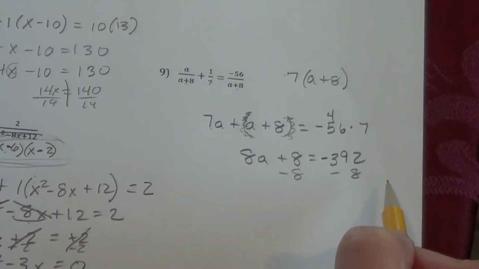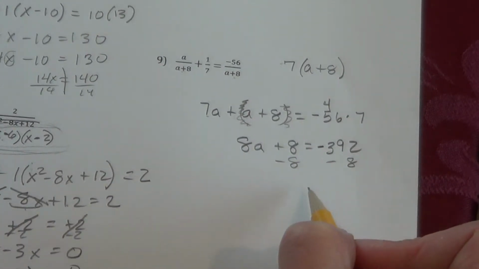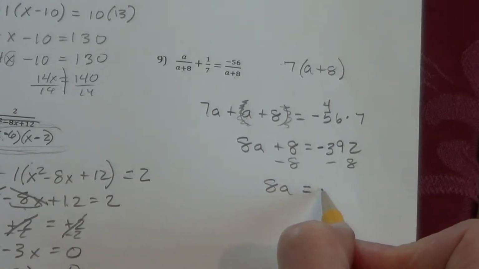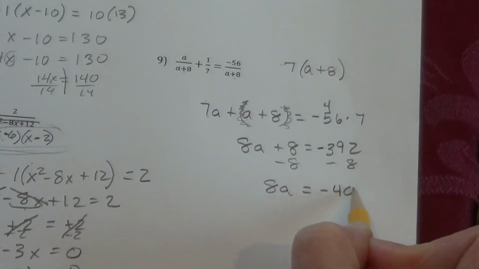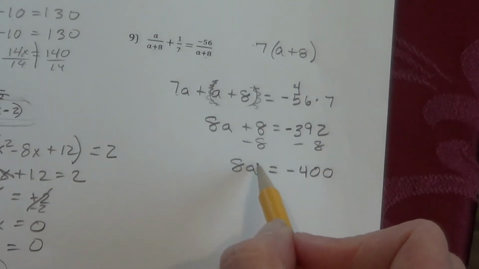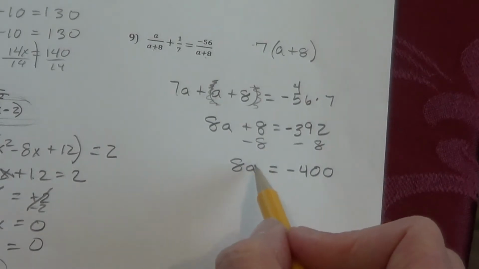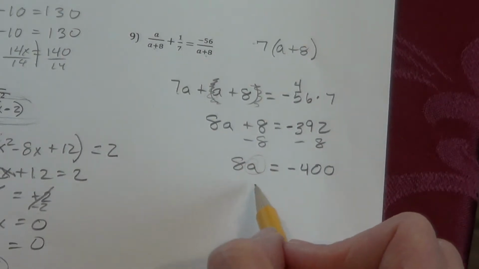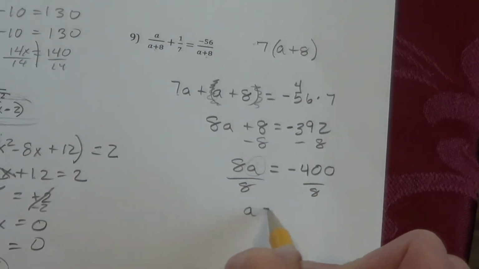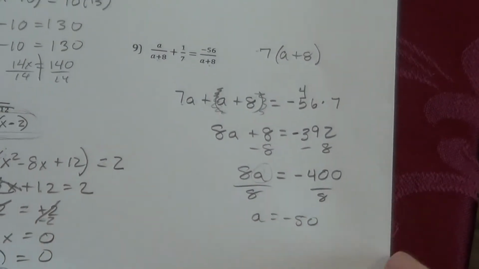The only reason we don't set that to 0 is it's not a quadratic. So we have 8a equals negative 400. And when we have linear functions, where we have just an exponent of 1 on our variable, we always get that creepy dude by himself. Now we divide by 8 and we find that a equals negative 50.